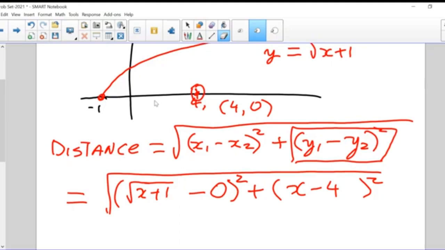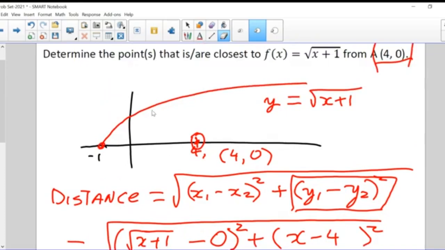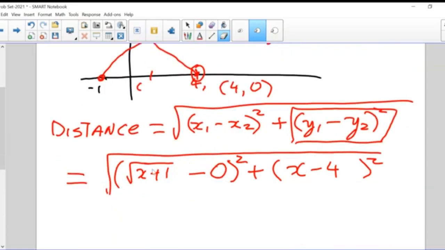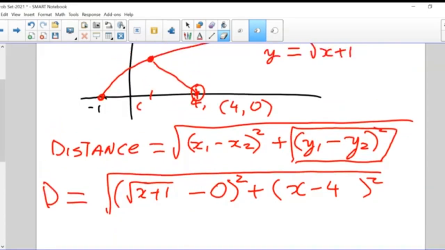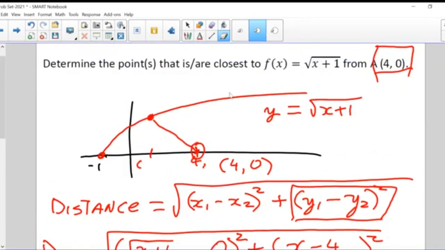So if I put in x as, I'll just make up a number, if I said x was 1, let's say I want to know how far it is to get to 1. So I'm going to mark off 1 right here. I want to go from that point to my 4, 0. Then I just put 1 into this function. This function is the distance to 4, 0 from any point along this curve.